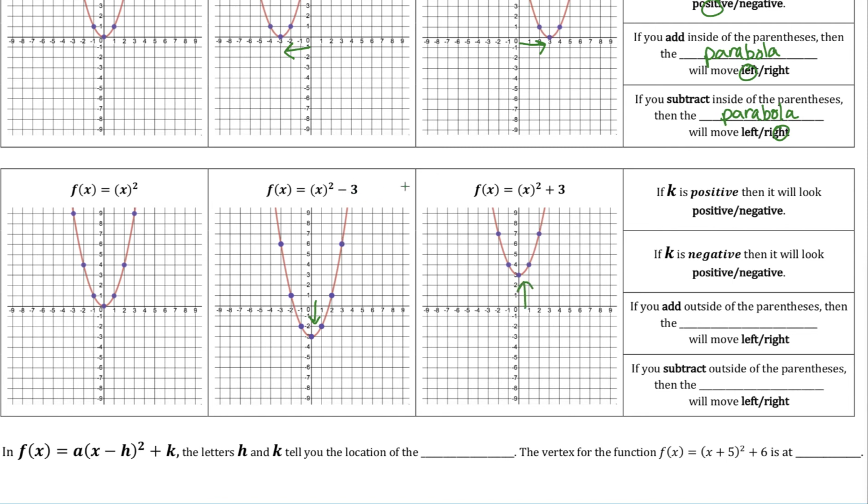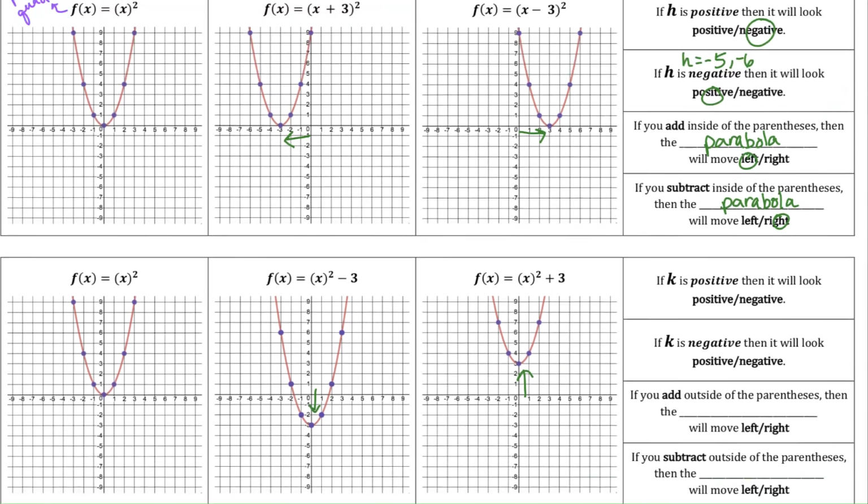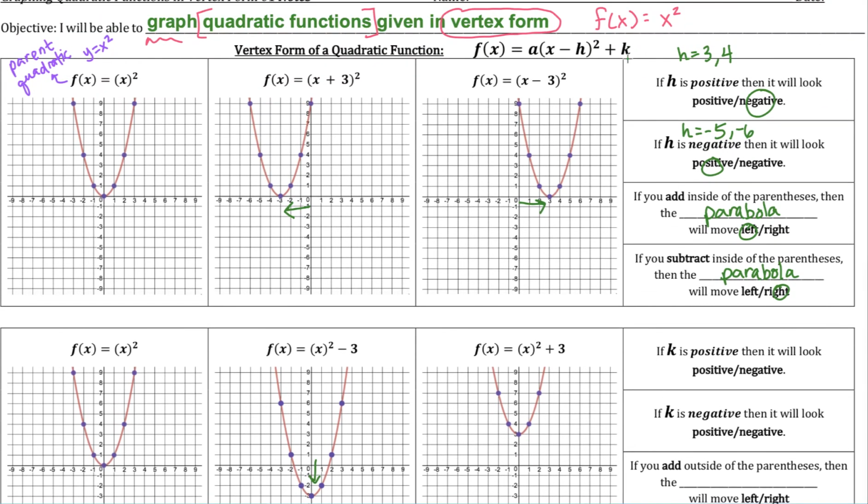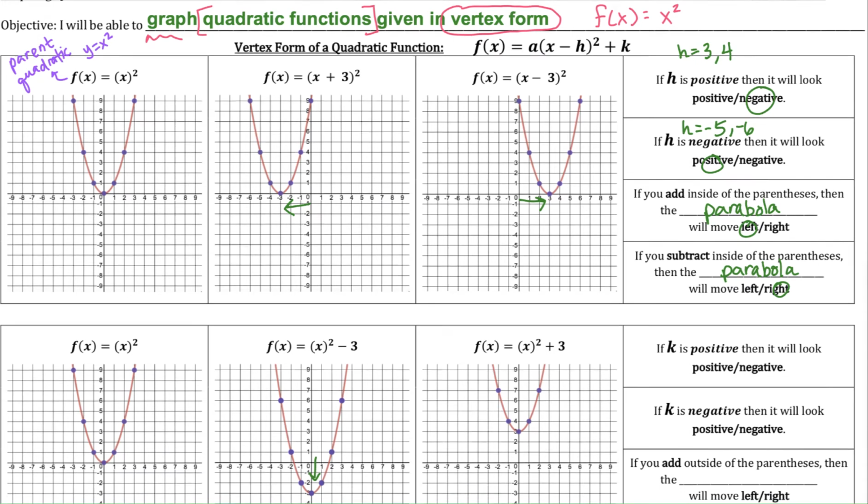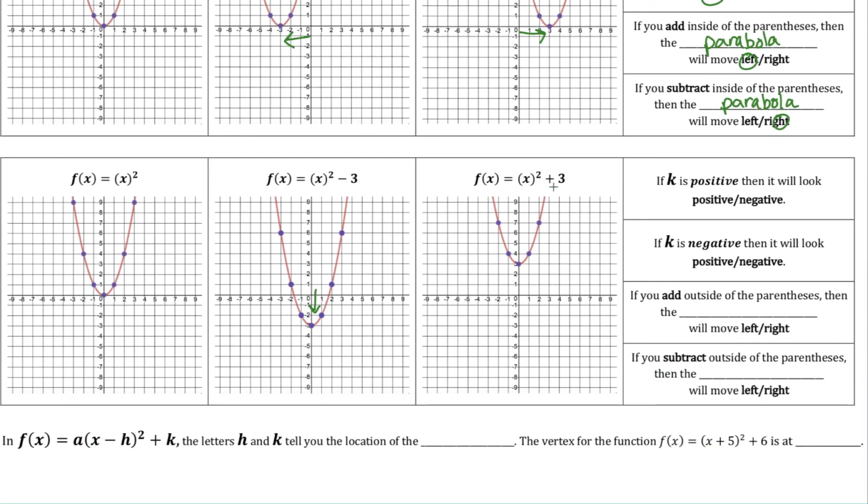So this letter right here is k. That means this minus 3 is k, and this plus 3 is k.